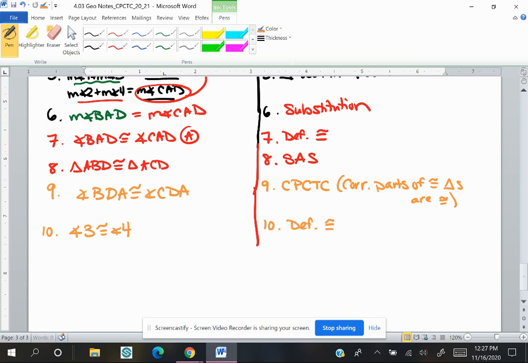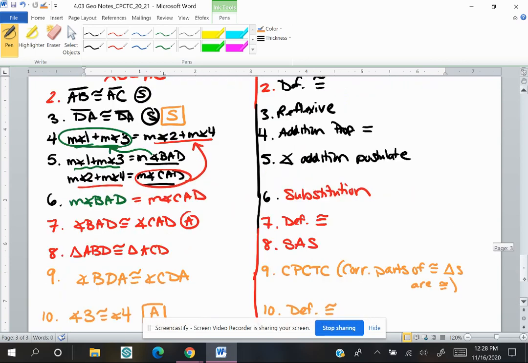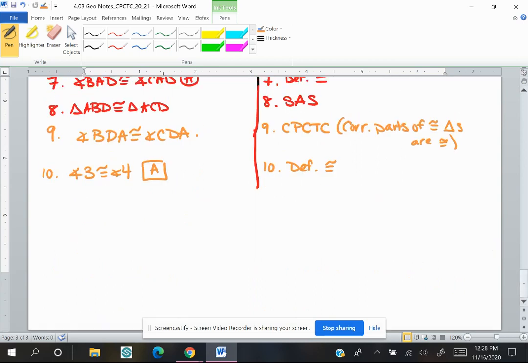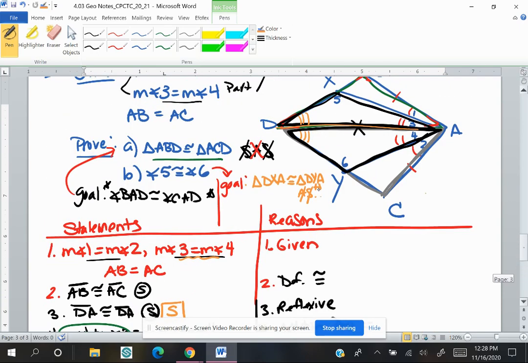And that's just the definition of congruency. So that would give me, box that one, a pair of angles. And then I need my other pair of angles, which I just got by doing CPCTC. And that allows me to cross off the other angle.